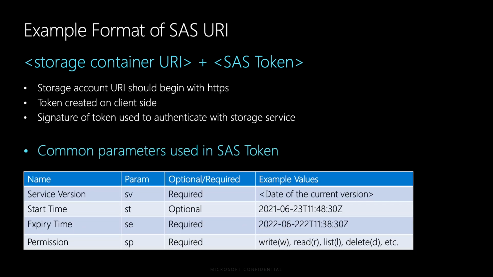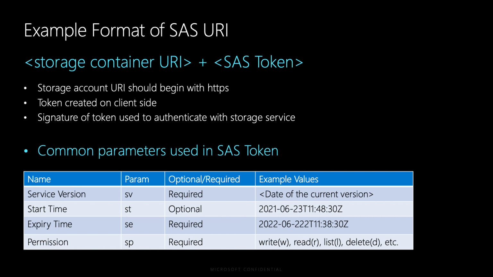Now, let's take a look at some of the common parameters passed as part of the SAS token. Taking a look at the table below, we can see the field name, the string that is passed as the param on the token, whether or not the parameter is optional or required, and the example values for each parameter.